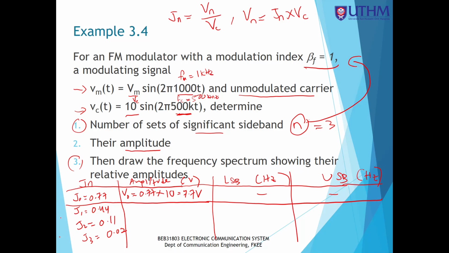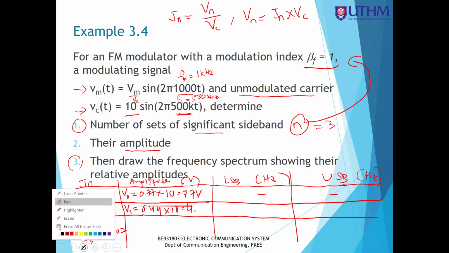Okay, and if we go for the first sideband, we calculate V0, V1, V2 and V3. This is the actual amplitude. So V1 is 0.44 multiplied with 10, so we get 4.4 volt.